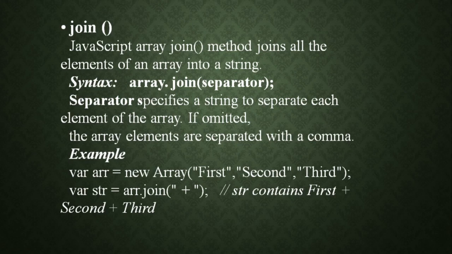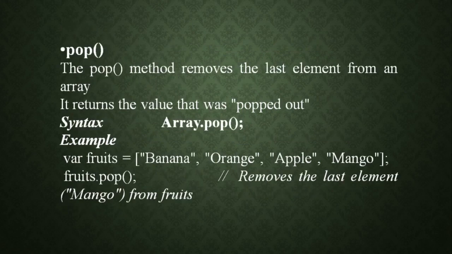If you see the example, add equals new Array first, second, third. Now I am using join with a separator plus symbol. Now the array returns first+second+third. This is about join. Next one is pop.